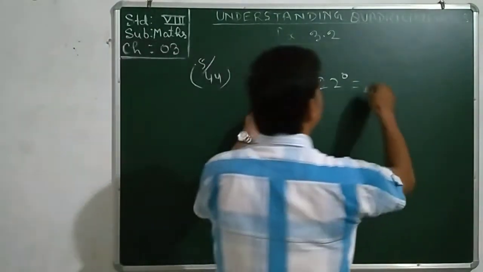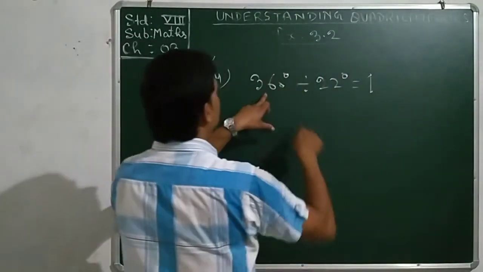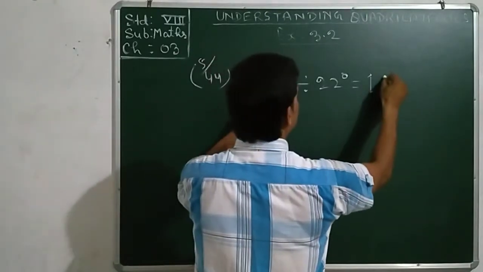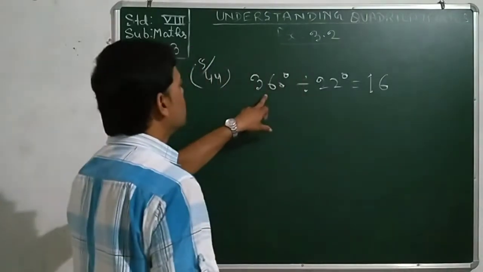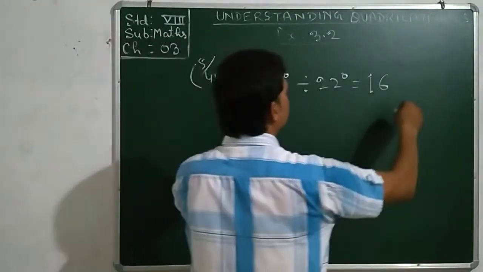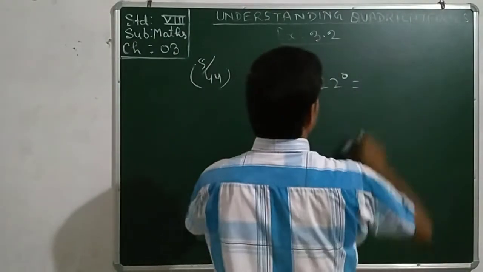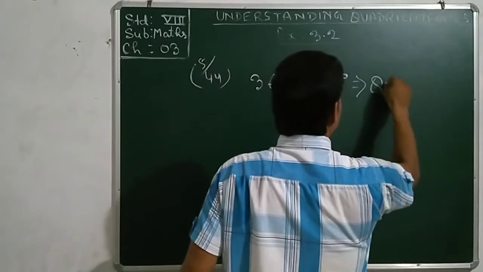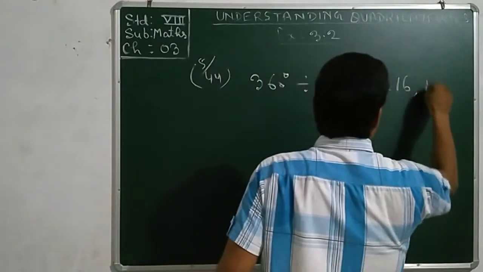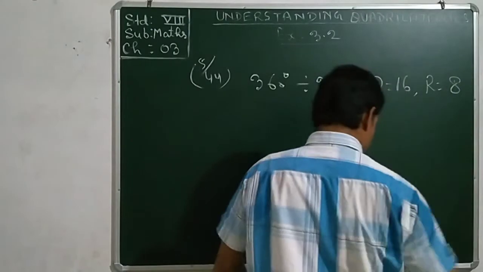I think you will get quotient 16 and remainder 8.